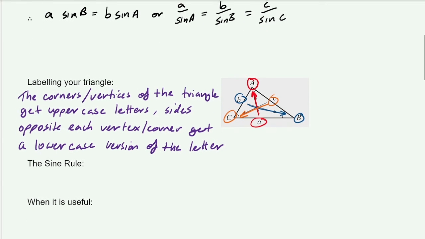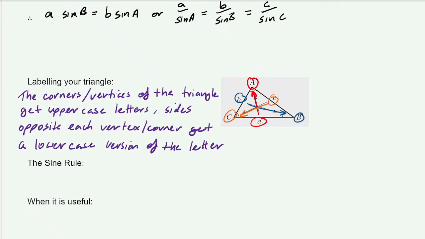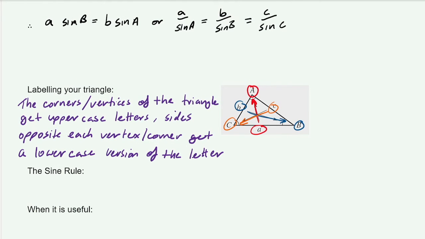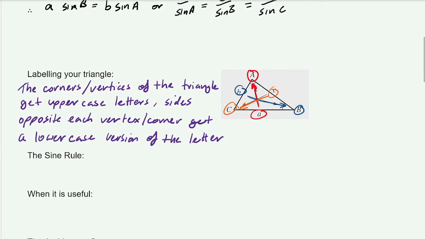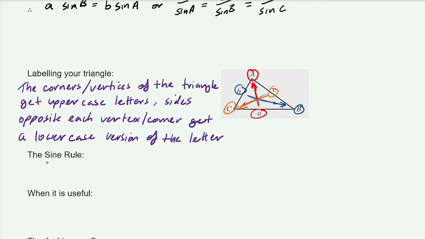Now the sine rule itself is essentially what we've written at the top of the screen there, and we're just going to write it again. It is a over sine A equals b over sine B equals c over sine C. Now we usually only ever use two of those because it just makes it easier to only have the one equals sign.